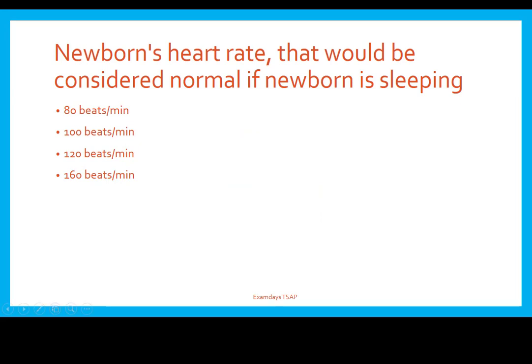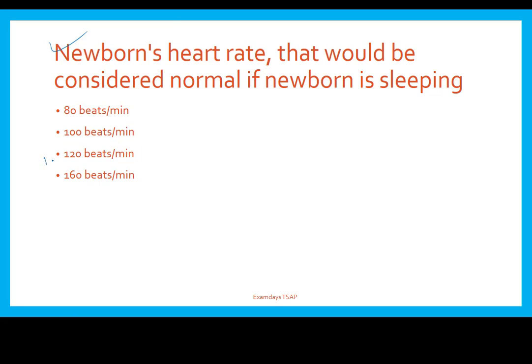Moving on to the next question. What newborn heart rate would be considered normal if the newborn is sleeping? A. 80 beats per minute, B. 100 beats per minute, C. 120 beats per minute, D. 160 beats per minute.